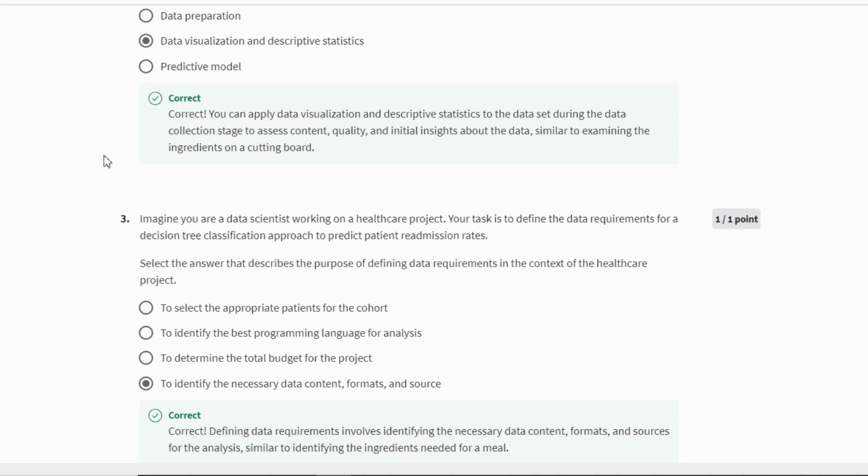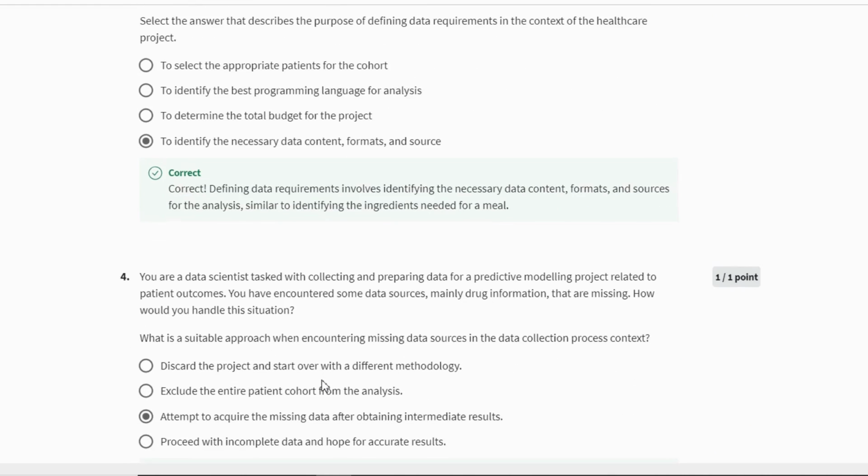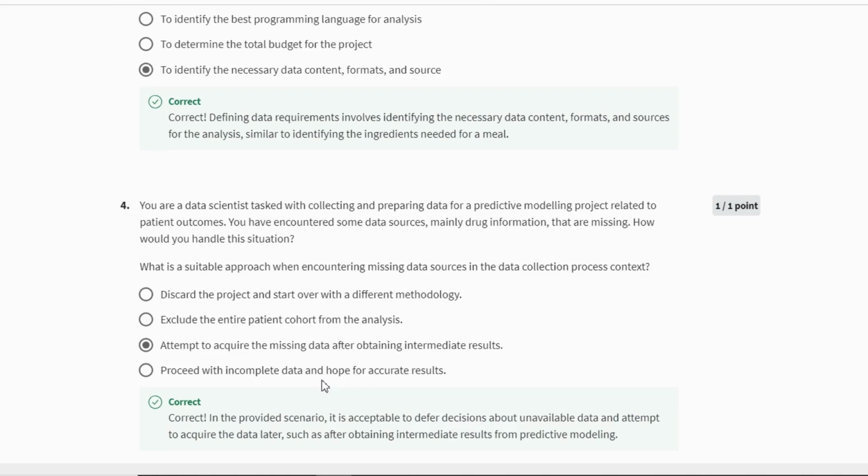You cannot do analysis on biased data. If you have taken a survey and it is from a certain range of areas, not all of the areas, then it is going to reflect one mindset or a set of mindsets only, not the overall mindset of the people. That can be a difficult situation for analysis. So this process is quite important. You have to keep in mind the correct answer is to identify the necessary data content, formats, and source. That was the answer for the first one as well.